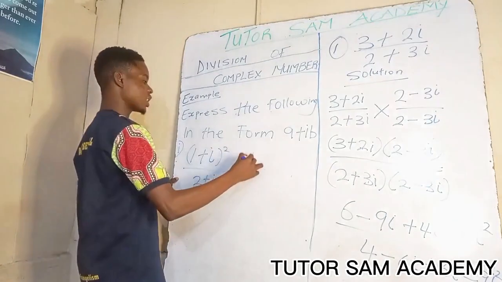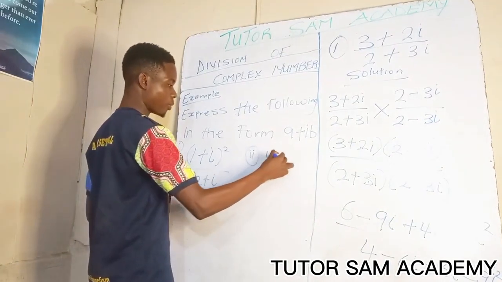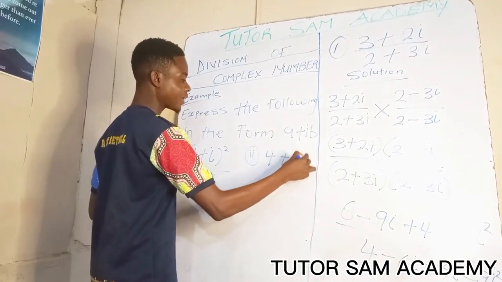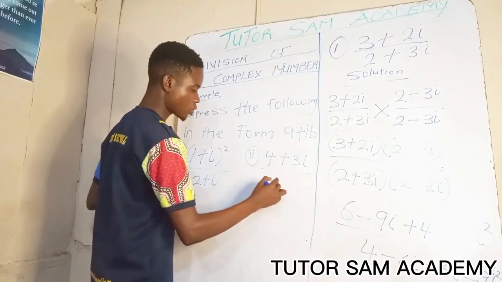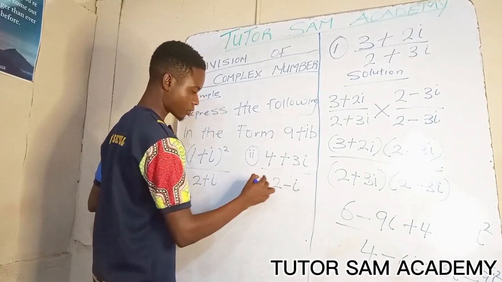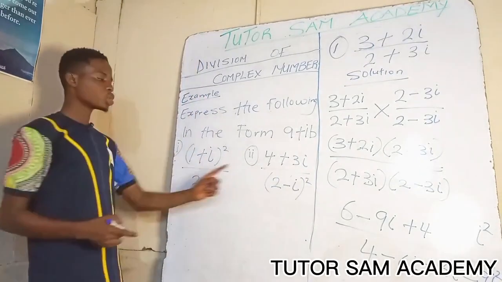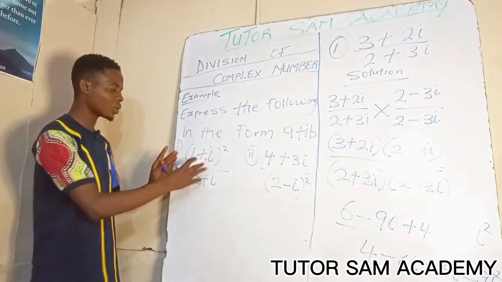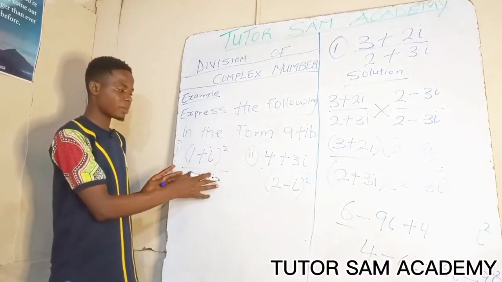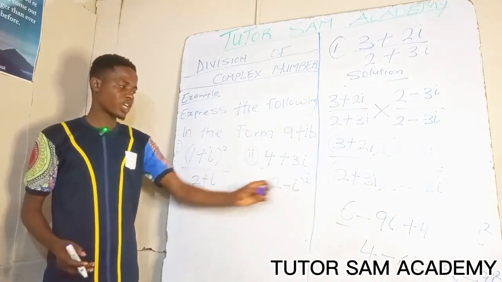Then you can try this: 4 plus 3i all over 2 minus i all square. So I will solve this while you try this. Listen attentively so that you understand my steps, my procedure of solving this, so that you can also solve this. You can also try this yourself.